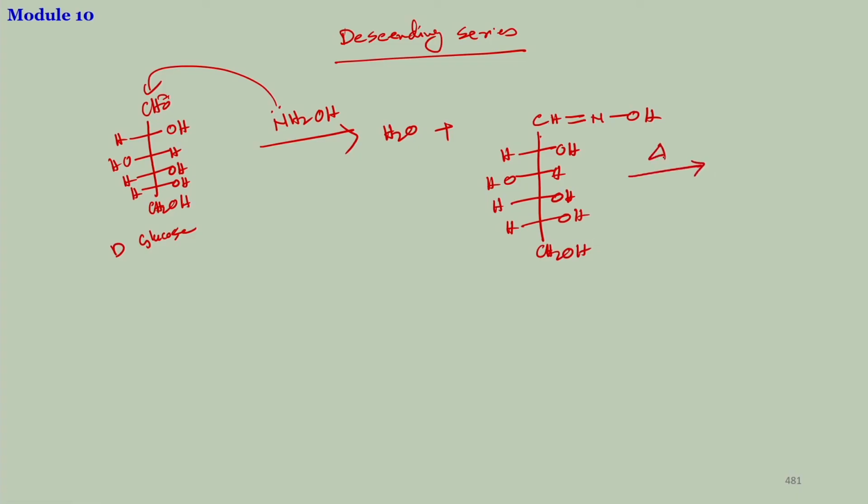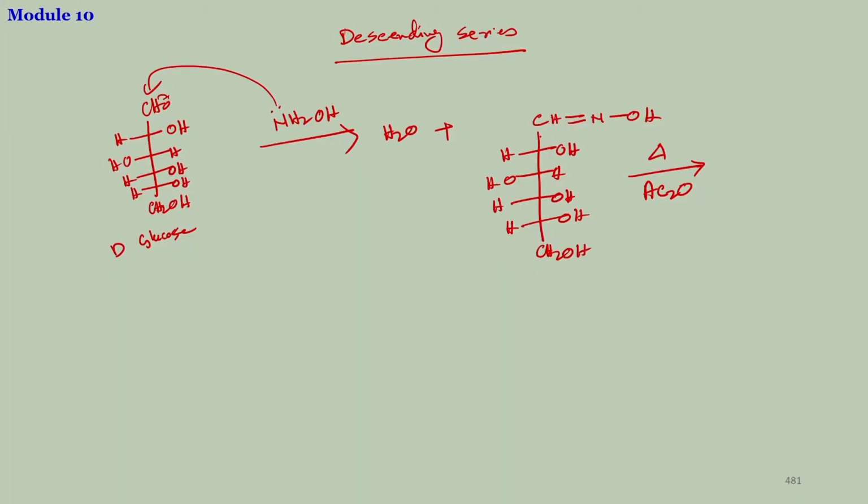Now, if you heat this up, ideally this can remove another molecule of water, but this does not happen like that. It works best if you use a little bit of acetic anhydride. So, that will basically eliminate another molecule of water, and this will create your cyanide, CN.